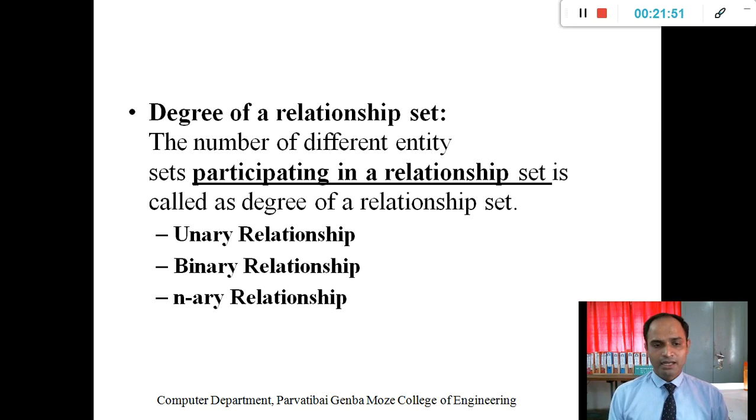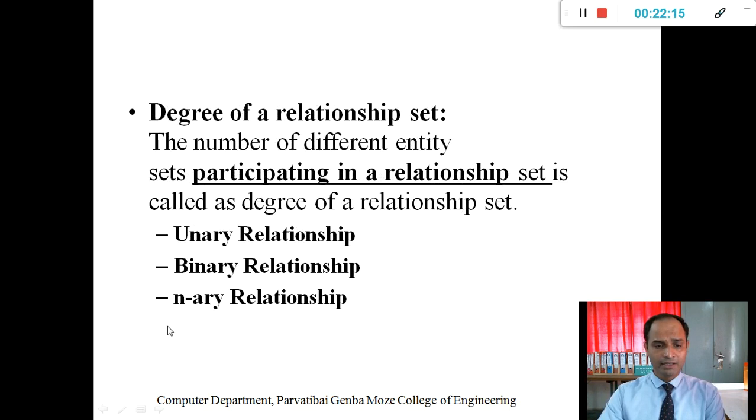An entity set can have a relationship with another entity set, that is another example. Then n entity sets can have a relationship with n other entity sets, that is again a scenario, and that is what we call the degree of relationship set. We will understand it with an example.